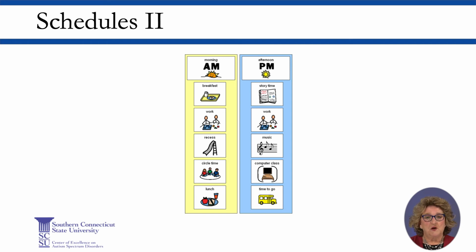Oftentimes we use Velcro on the back of these little activity cards. They can be moved and adjusted as needed. Sometimes the student is very motivated and likes to take the activity off once it's completed.